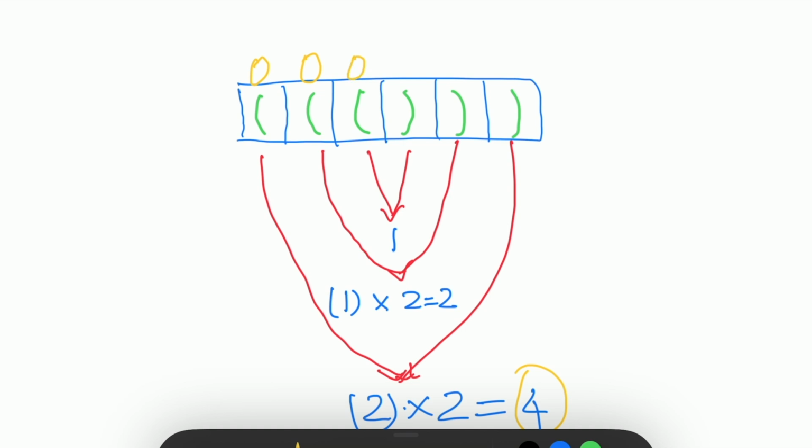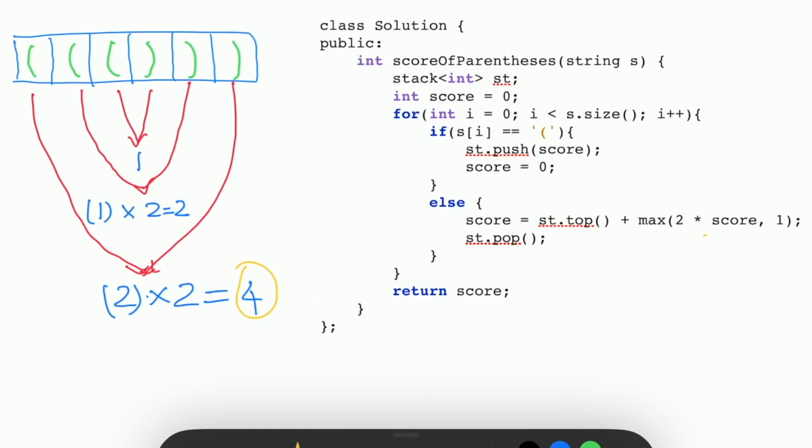And when it sees the close parenthesis and it is balanced, the score would become 1. And when it again sees the closed parenthesis, it will be multiplied with 2. When it again sees the closed parenthesis, it will be multiplied with 2. So this is the algorithm I have developed for the score of parenthesis problem.